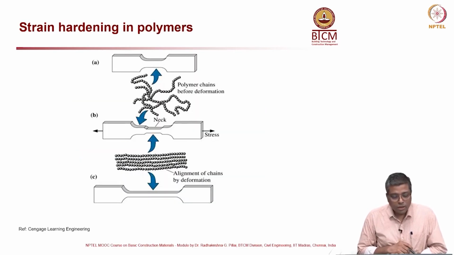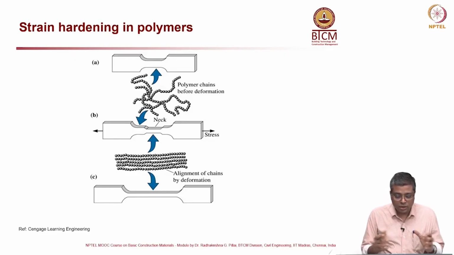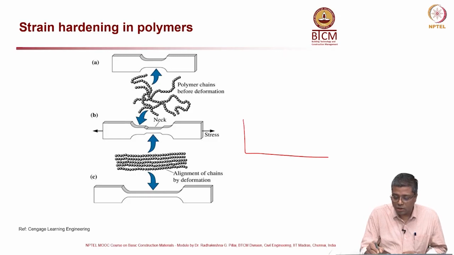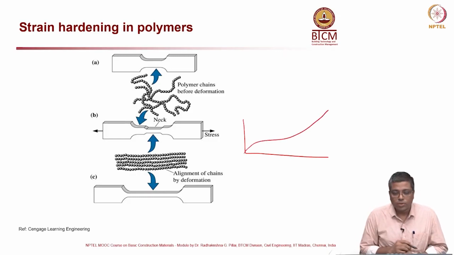In case of polymers, what happens when you do a tension test? The curve might look something like this. I showed this earlier also. Initially you will see some increase, but after that sometimes you will see this flat region.